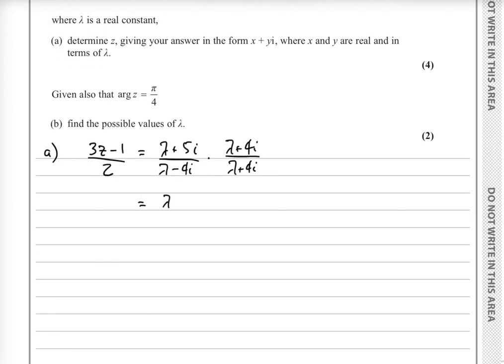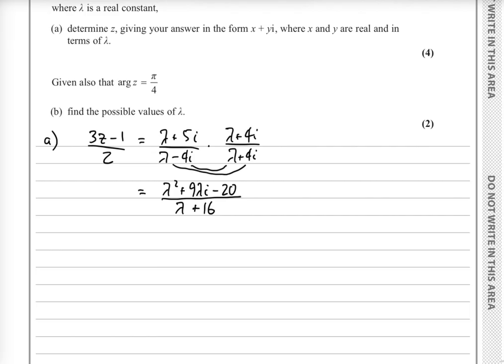In the numerator, that gives us lambda squared plus 9 lambda i plus, no, minus 20 because of the i squared. In the denominator, we get lambda squared, and then the whole point of this is that the minus 4 lambda i and the plus 4 lambda i cancel out, and we get minus 16i squared, which is plus 16.